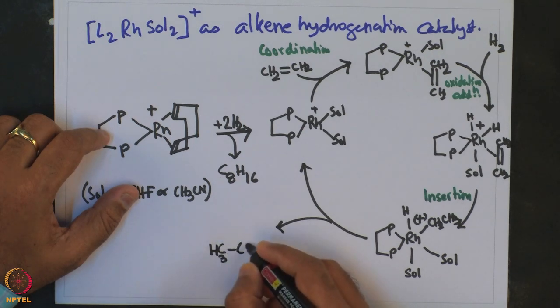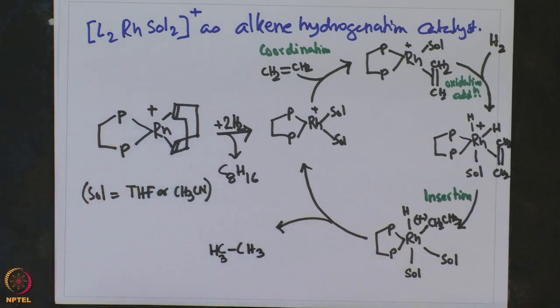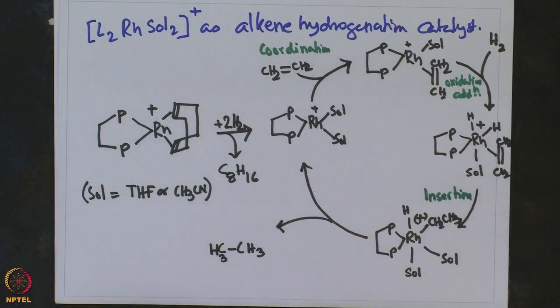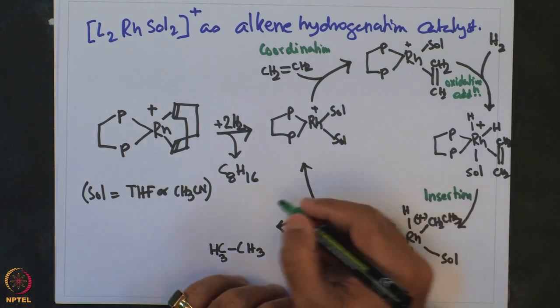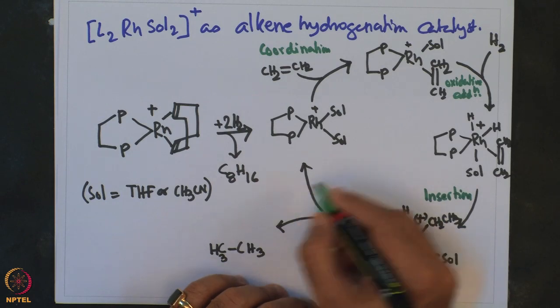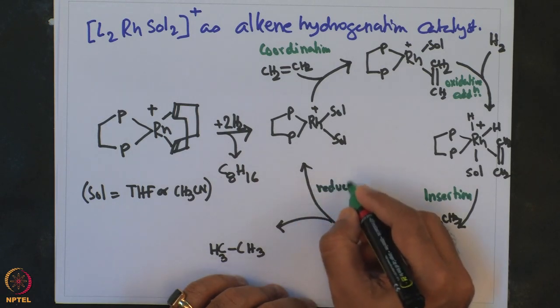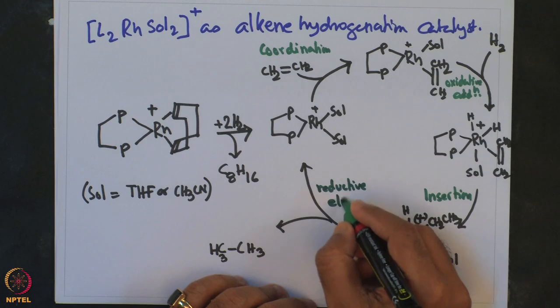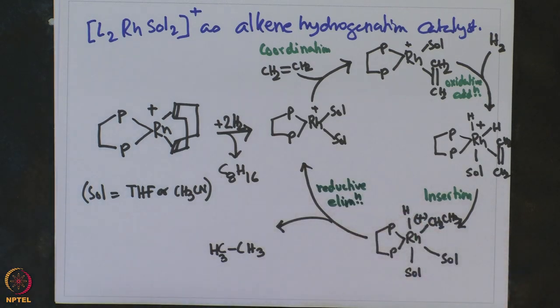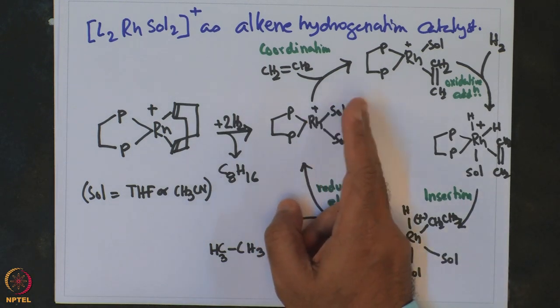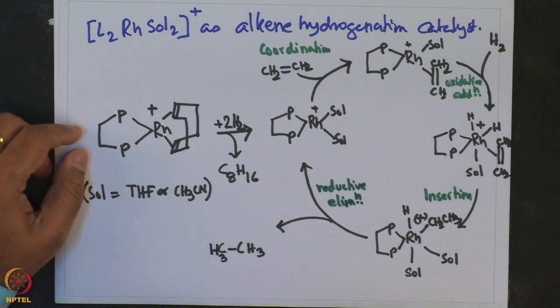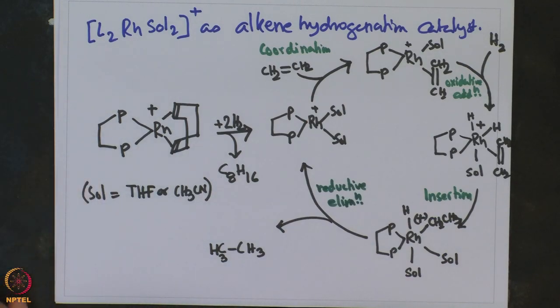The catalyst is regenerated. So, the last step is a reductive elimination step, where the rhodium precatalyst, disolvated rhodium, yielding the phosphine rhodium active catalyst, is regenerated.